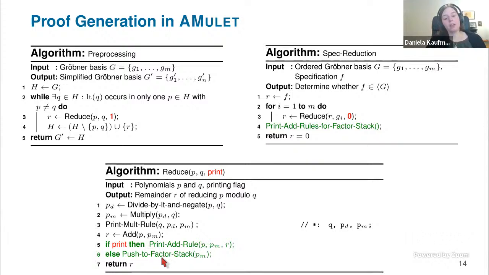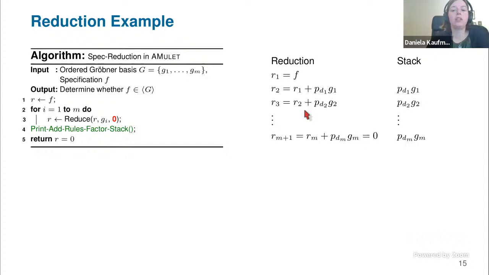Otherwise, we collect the results of multiplying the quotient times the g on the stack. We keep the stack, and when we are done with the specification reduction, then at the end we print addition rules for this stack. So let me go a little bit into detail here why this works.